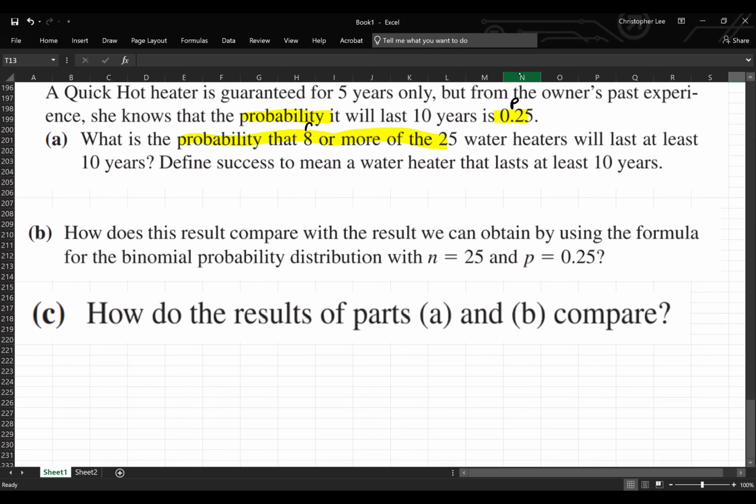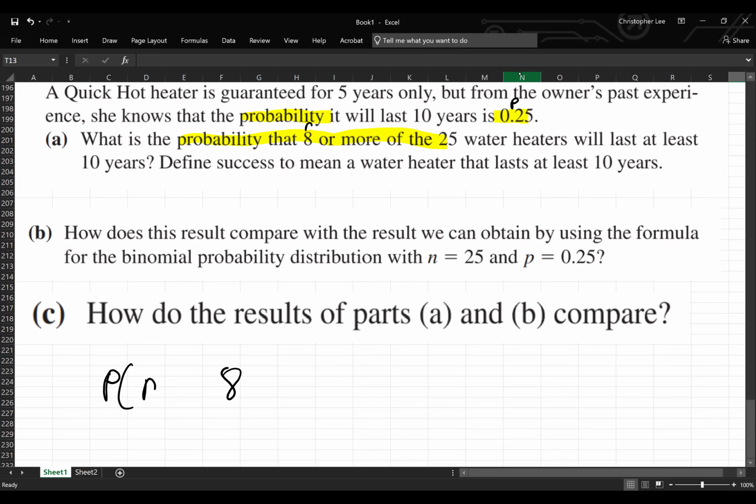All right, so I'm gonna use the approximation technique, right? So I want to know what's the probability of R, right? They said 8 or more, so what am I gonna write? 8 is gonna be here, but what's the sign in the middle? Not times. It's an inequality.